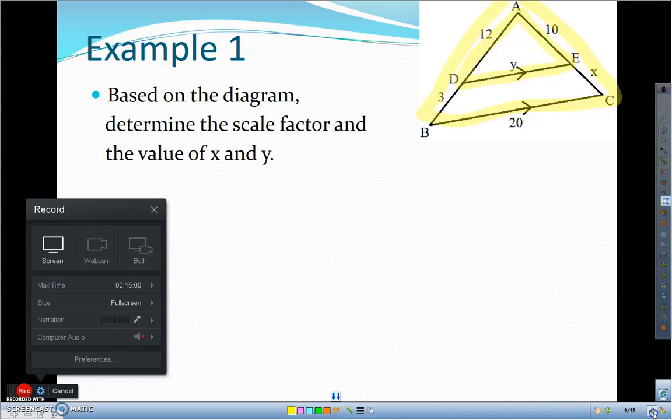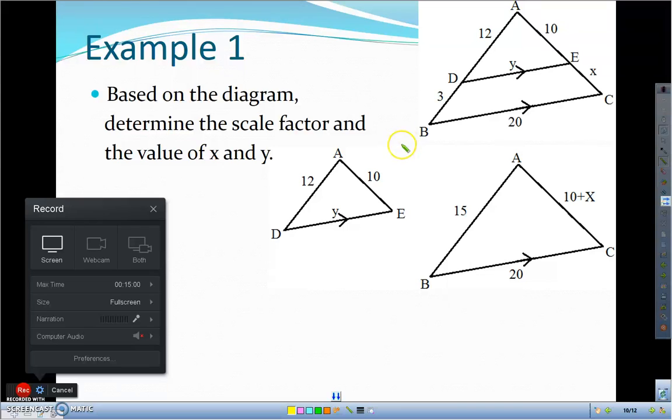And so we get this new, updated diagram. For the smaller triangle you don't have to do any calculations, but when it comes to the larger one, the 15 comes from the 12 plus the 3. This 10 plus x comes from this side length here, which is 10 plus x. The bottom remains 20, and we've essentially just transferred those numbers down to the smaller triangle.